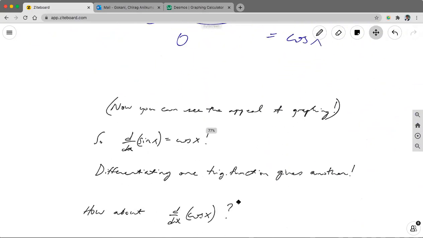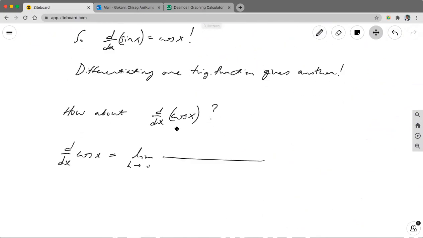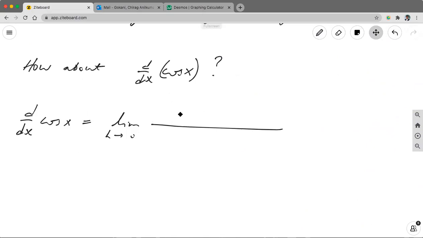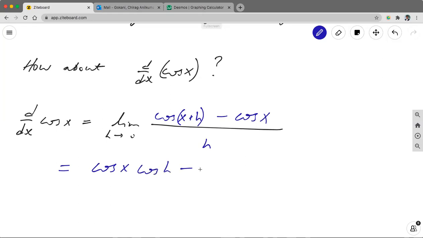And I'd also like to do this very quickly for cosine of x, and I'll do this faster because it's a very similar process. Okay, so I'm not going to wait for people, but the derivative of cosine of x is the limit as h approaches 0 of cosine of x plus h minus cosine x over h. And now we're going to use the angle addition property for cosine, which is this. So again, if you don't remember where this is coming from, review the angle addition property.